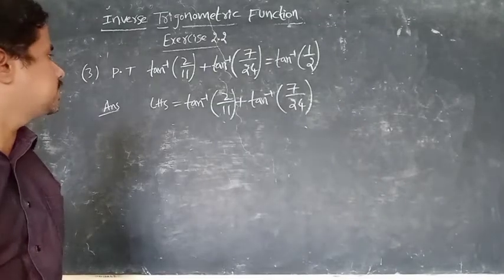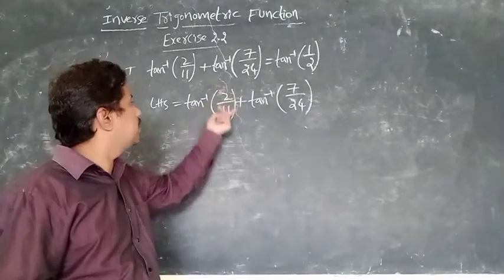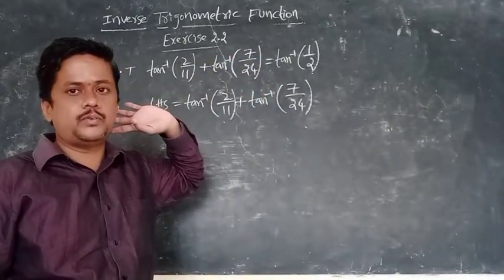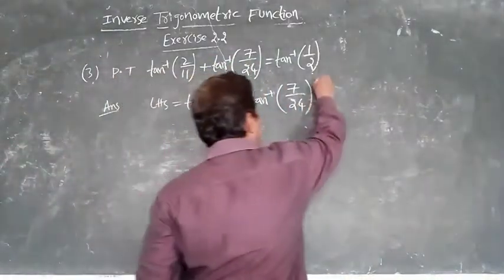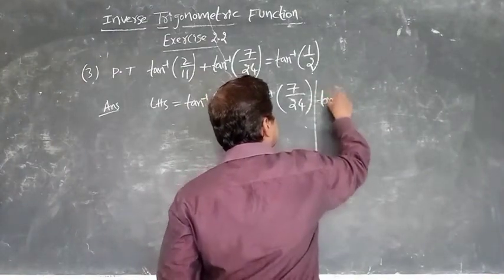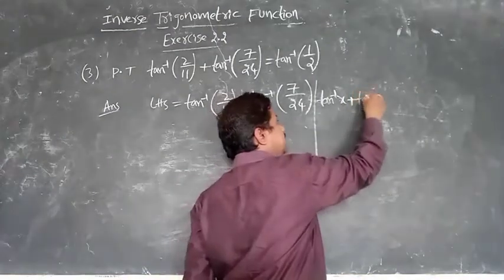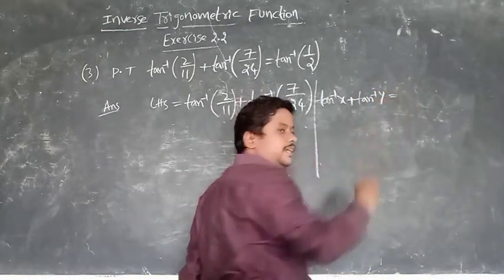So how to prove this? Tan inverse of 2 by 11 plus tan inverse of 7 by 24. Which formula is it?